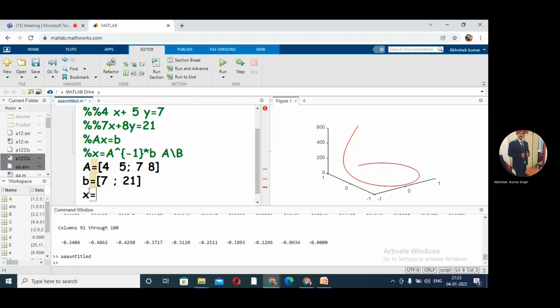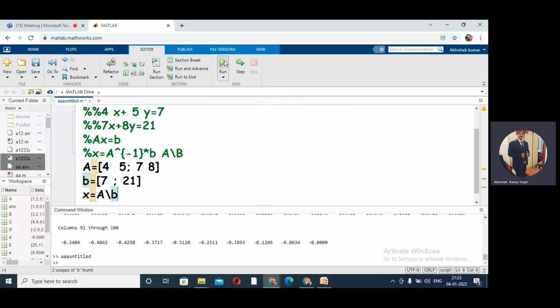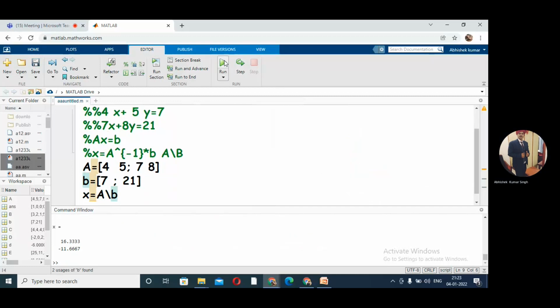X will be A right division B. So it will be A inverse into B. Okay, let us run and see. Are you getting the answer? Yeah, x equal to 16.33 and y equal to minus 11.667. So this was the application of right division. Fine.